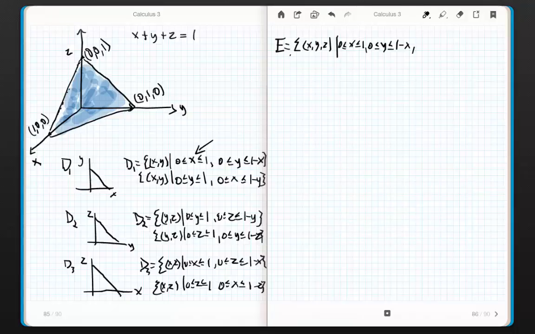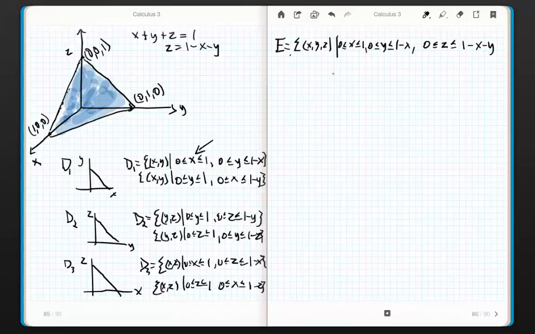Well, just like y went from 0 and then used this boundary line, which we call 1 minus x, as its top bound, what is z bounded by above? Well, that should be relatively obvious. z equals 1 minus x minus y, isn't it? And z starts at 0 because it starts at the xy plane and goes up. So z is going to live between 0 and 1 minus x minus y.